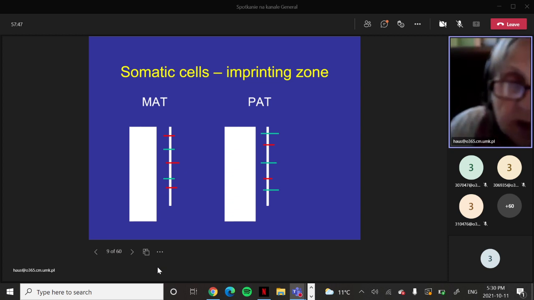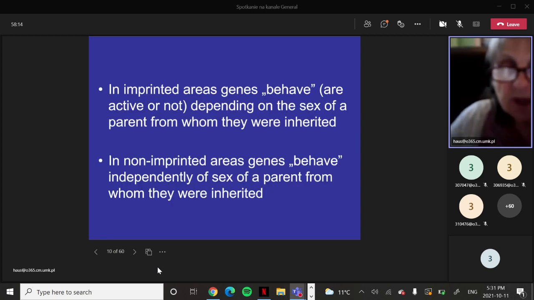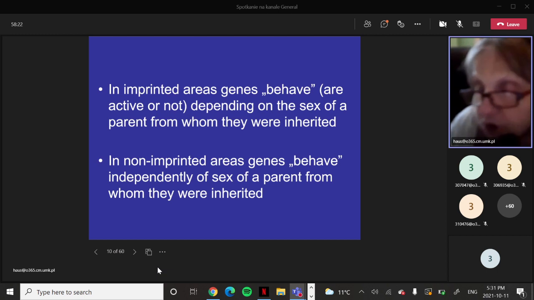There are 2 chromosomes in every somatic cell of a child, and in imprinting zones it should be like this. When one allele is inactive, the second one must be active. One allele inactive, the second one is active, and so on. Always one allele must be active, because if not, the whole gene is inactive.